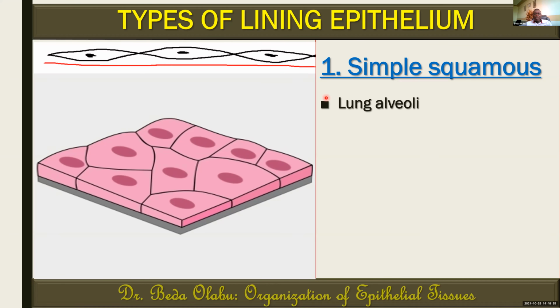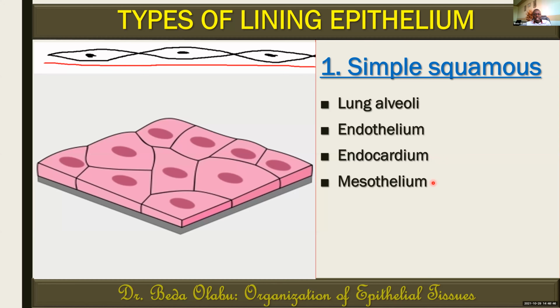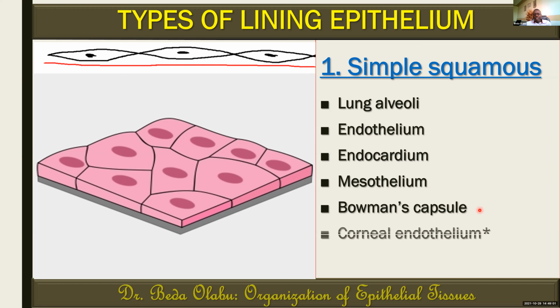Simple squamous epithelium is found in a number of places like the alveoli of the lungs, endothelium, this is the inner lining of blood vessels. We find the endocardium, inner lining of the heart. Mesothelium, this is the epithelium that forms the membranes that cover body cavities. So there are three: pleura, peritoneum, and pericardium. The Bowman's capsule in the kidney.